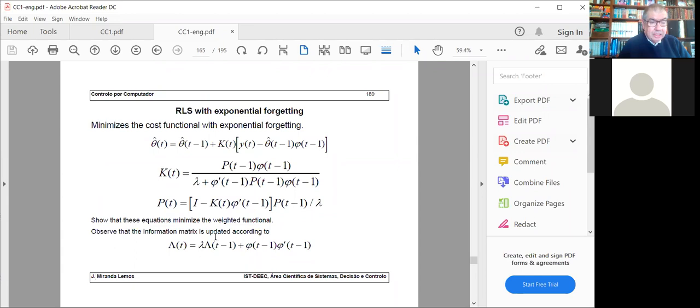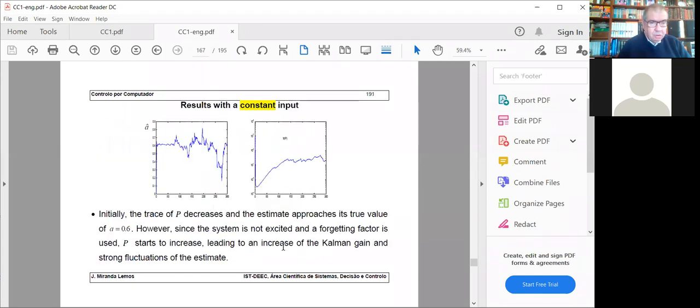So you multiply everything by 0.95, for instance, and then you add the new data. So you forget some of the old information and you add the new information. The information is being decreased in this first term and being increased in this last term, but provided that phi is informative enough. Do you want to ask some question at this point?